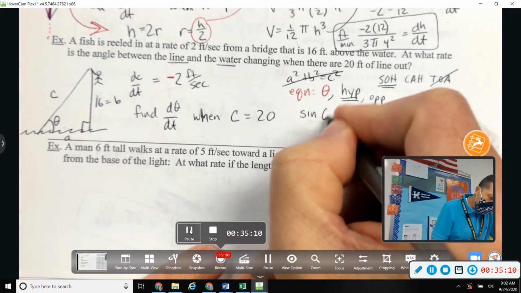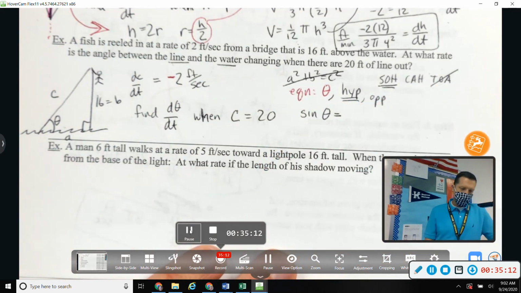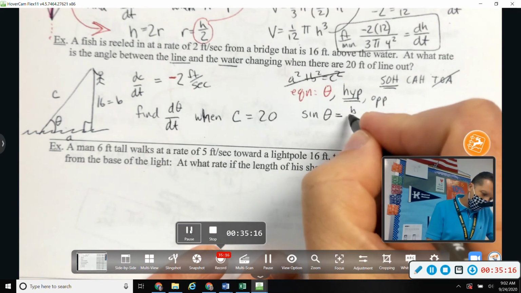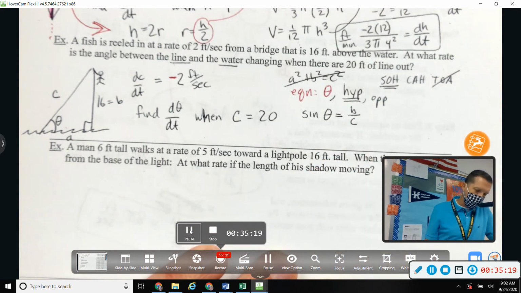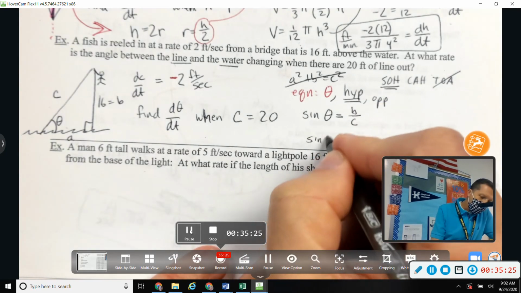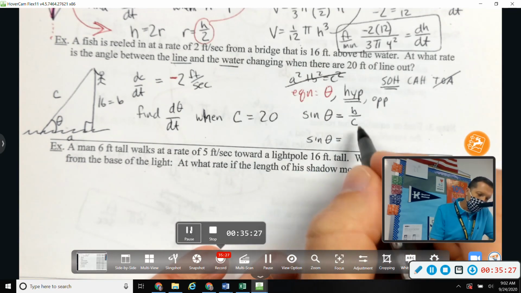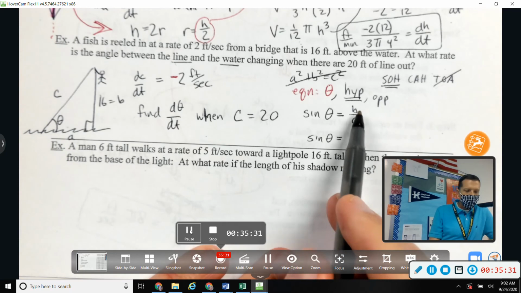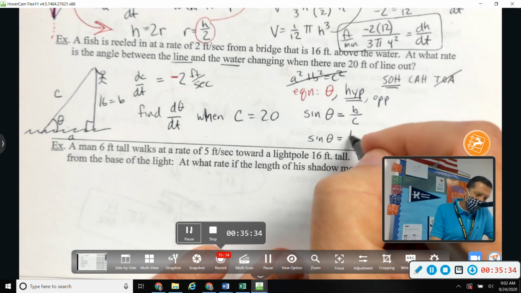So sine of the angle is the opposite over hypotenuse. And since b isn't changing, this is tricky on these problems. It says when c is 20, but c is changing, so I don't want to put 20 in there. If something's not changing, I can go ahead and substitute it in.